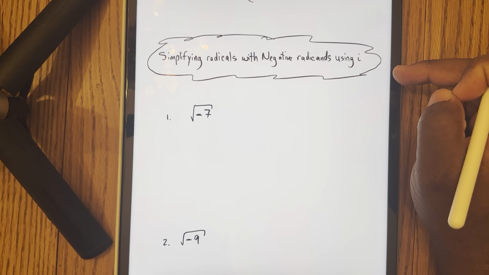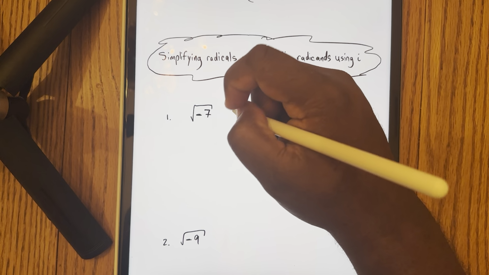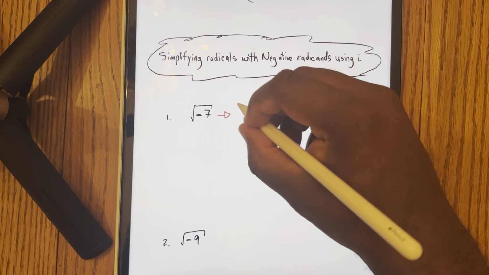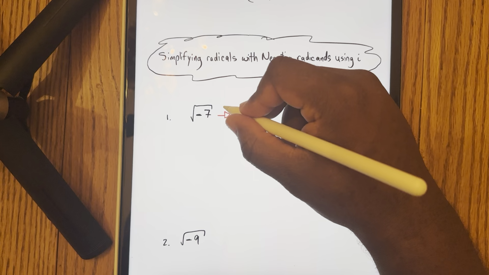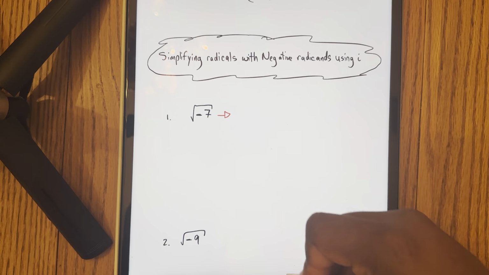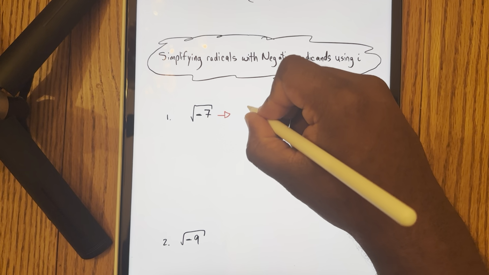Well, you can, but the answer is imaginary. So what you would do in this situation is apply the theory that was mentioned in that previous video, that you can split the number underneath the radical into two numbers.